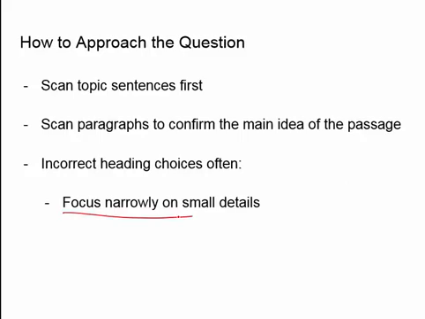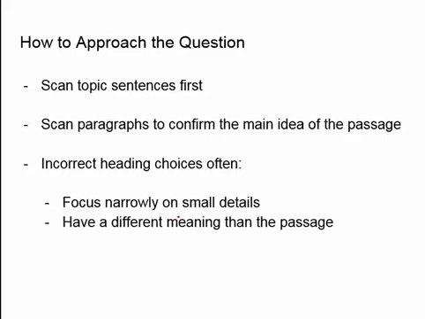And that's tricky because many times the information in the heading can be found in the paragraph or in the essay somewhere. It's just not a main idea, and that's really tough. You have to be able to decide, is this a main idea or is this just a small detail? Small details will not be correct as answer choices.